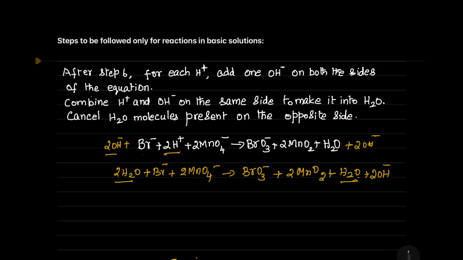Therefore, when we cancel it, we will get 1 water molecule on the left side plus Br minus plus 2MnO4 minus giving rise to BrO3 minus plus 2MnO2 plus 2 OH minus. Presence of OH minus shows that the reaction is carried out in basic solutions.